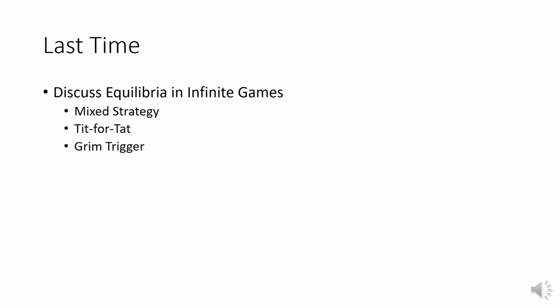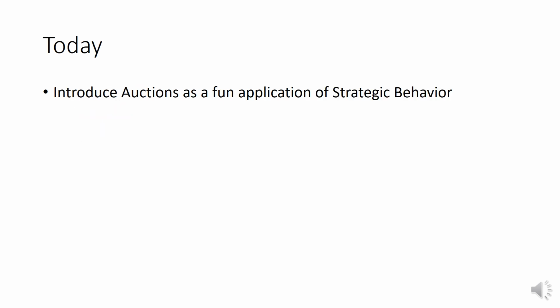We can think of the grim trigger strategy as an equilibria. Last time we talked about the theory behind repeated games. Now we are getting into the applications. And today in particular, we're going to introduce auctions as a fun sort of application for strategic behavior.